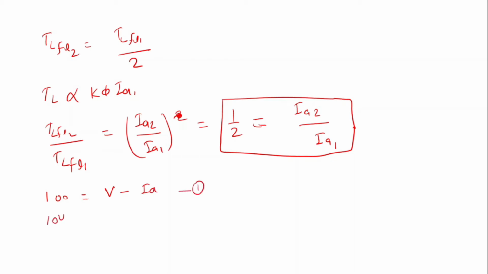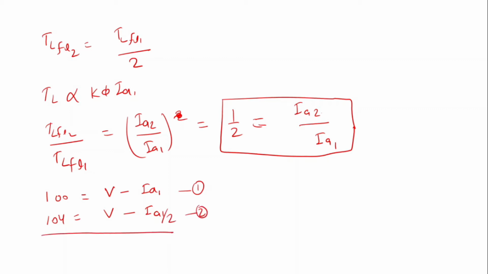Another is E3 you got for the same terminal voltage, and IA2, basically IA1, so IA2 equal to IA1 by 2 from the above relationship, equation number 2.